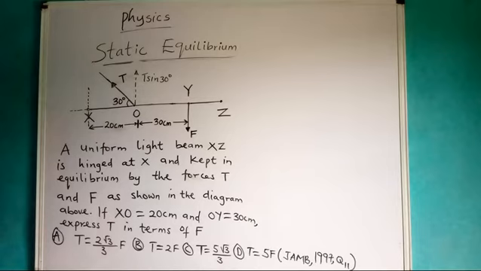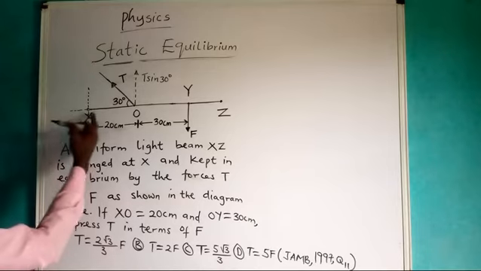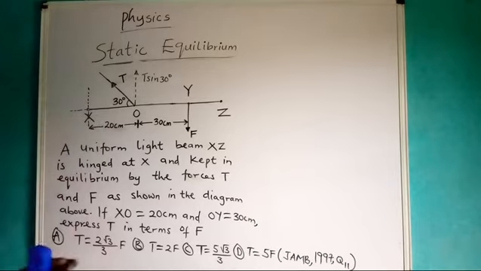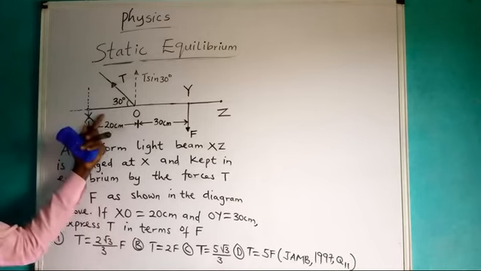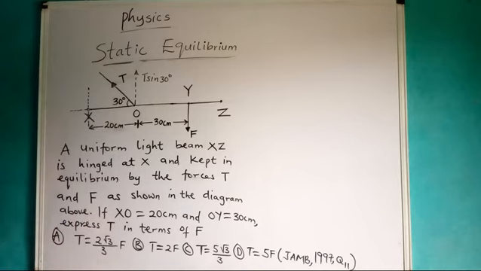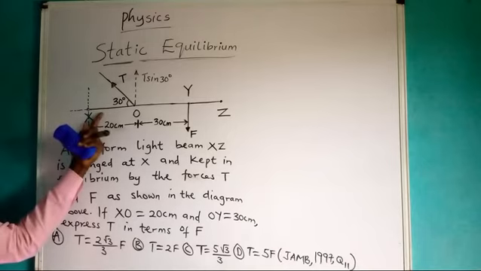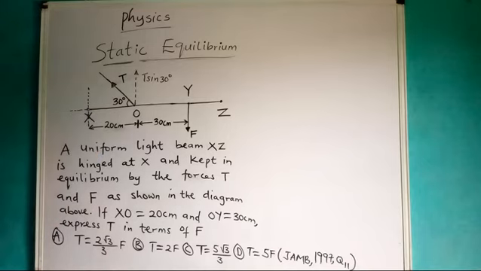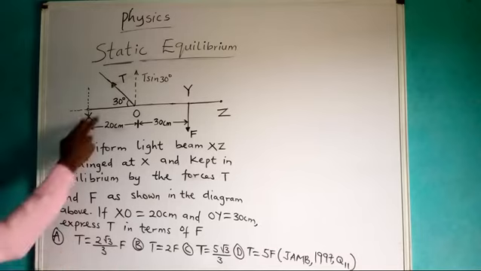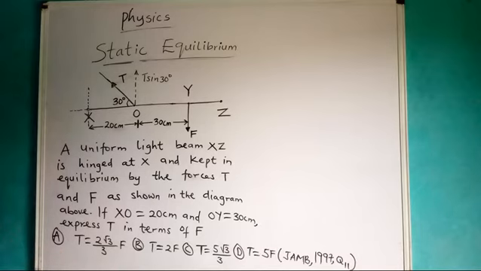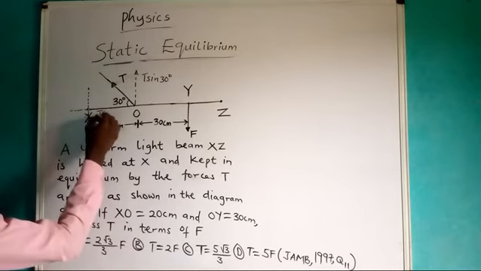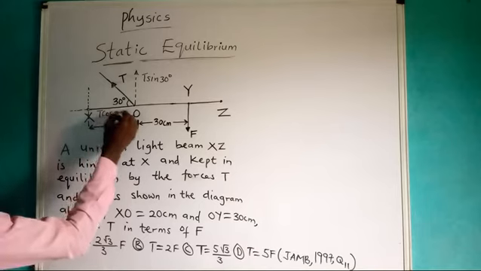Now I want to use the second condition. I think T cos 30 degrees will not be necessary. If we were using the net force, I think it would be useful, but now that we are not using the net force, let me forget about T cos 30 degrees. Yes, it is supposed to be there, but I will not be using it.